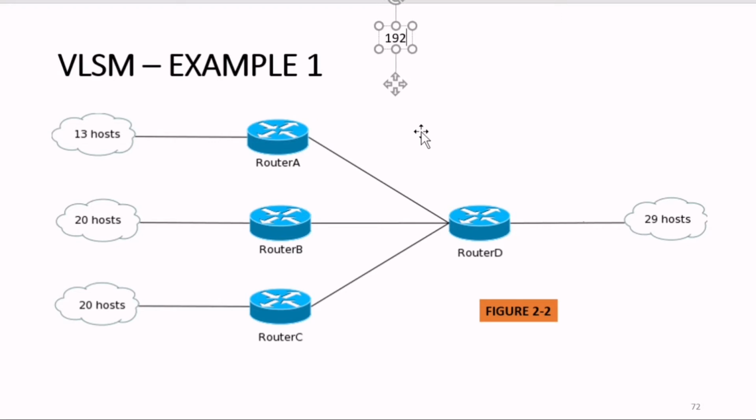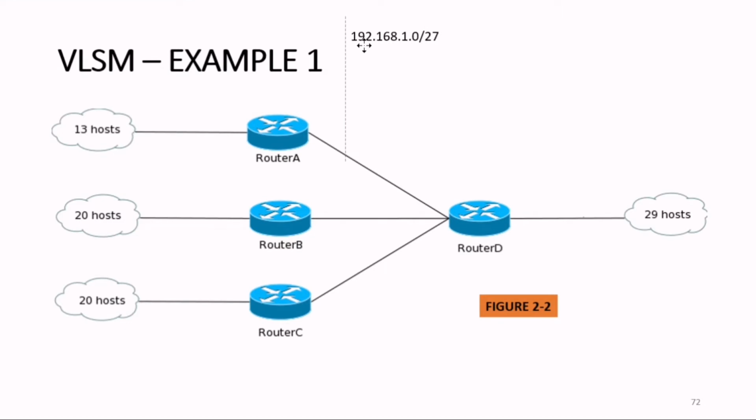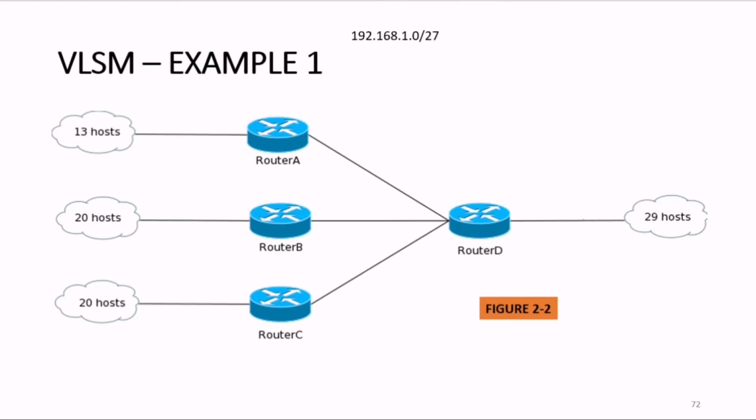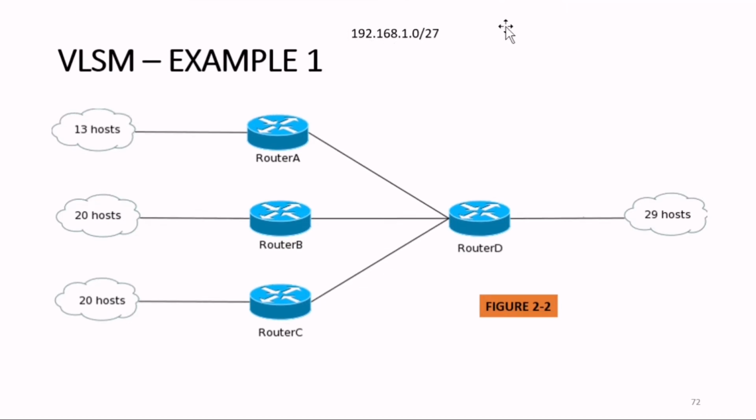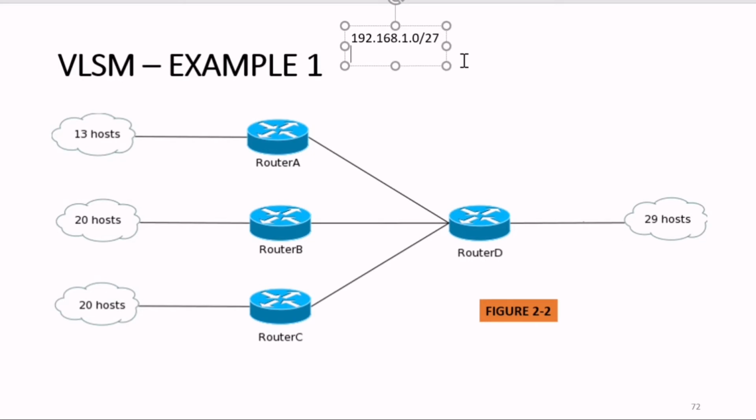So I'll just write it here: 192.168.1.0/27. From this subnet address, we know that this is class C with a subnet mask of /27. So the subnet mask should be like this, /27.